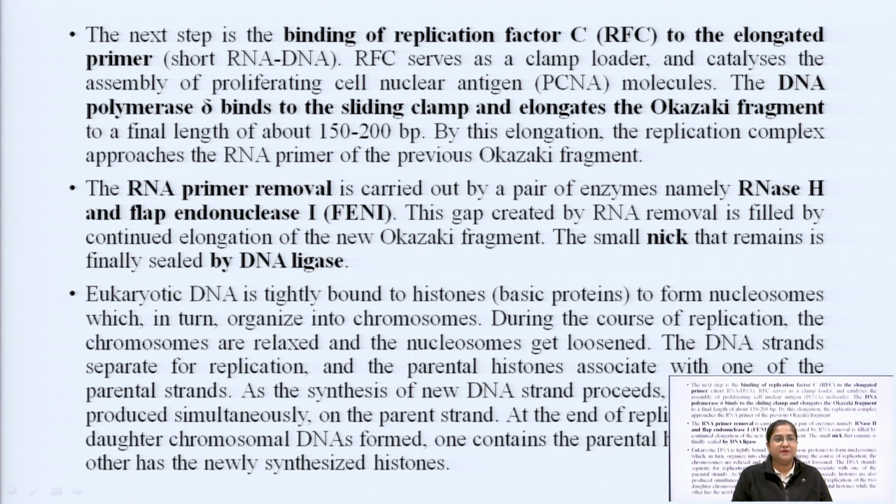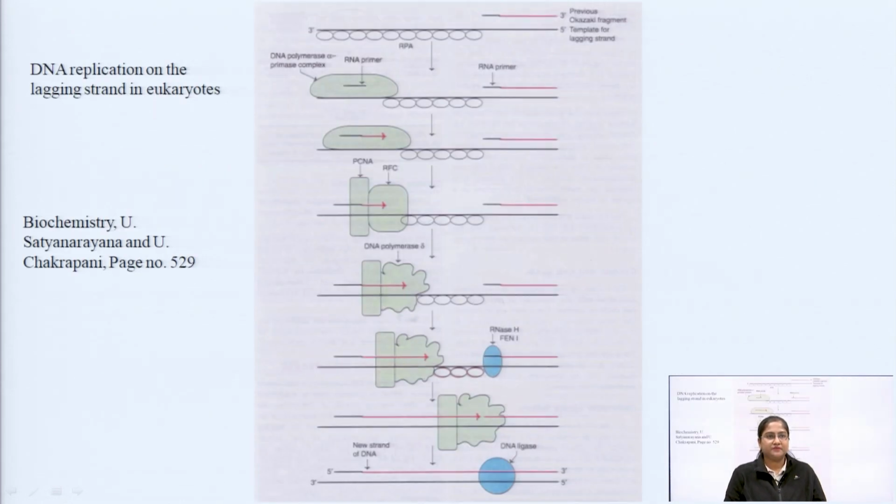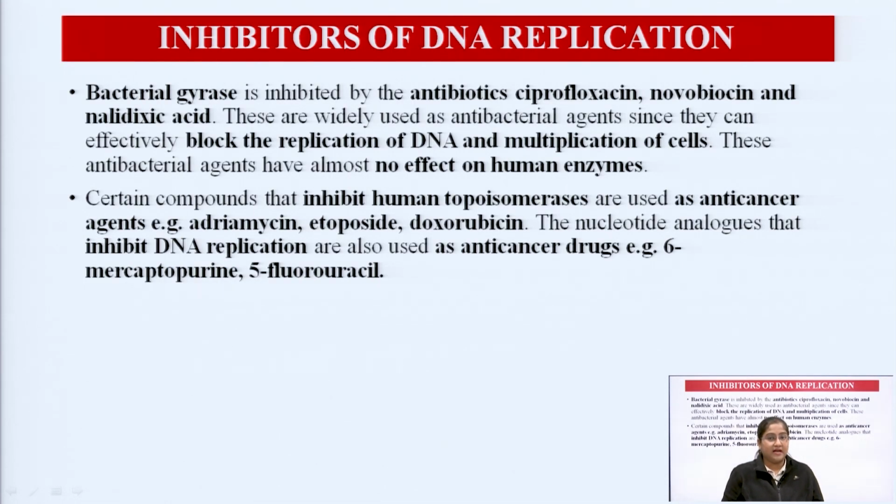The RNA primer removal will be done by RNase H and flap endonuclease. I have told you that there are some different enzymes than in DNA replication in prokaryotes. Ligation is done by DNA ligase only. These are the full steps, and we can see through them how this is happening. Now, what are the inhibitors in the replication process?